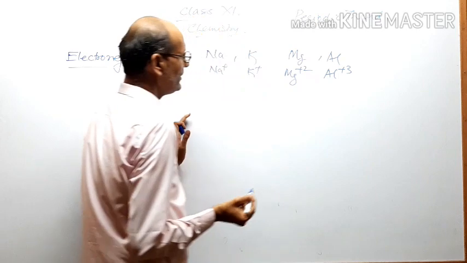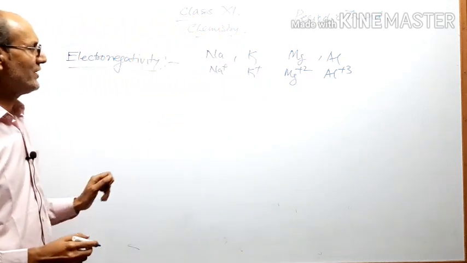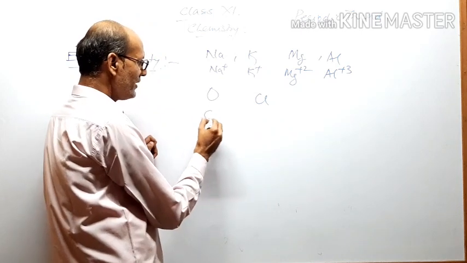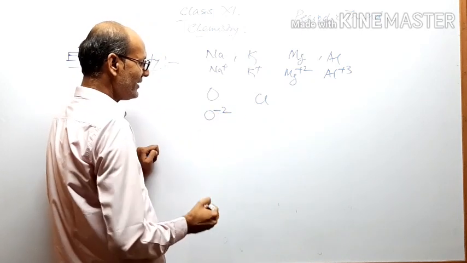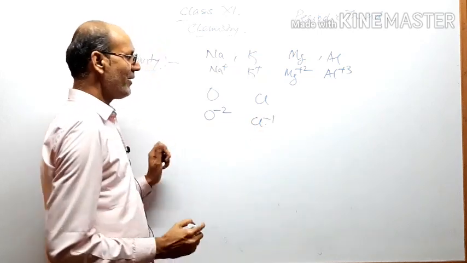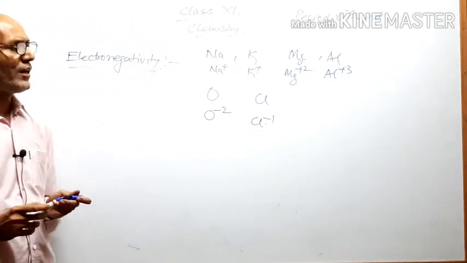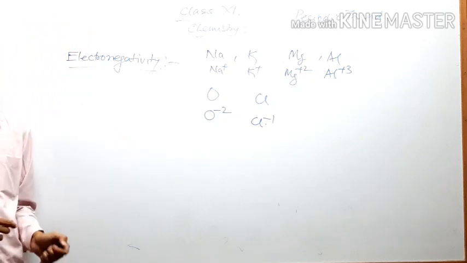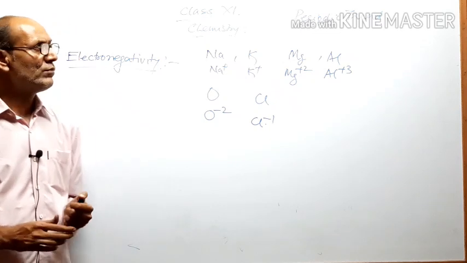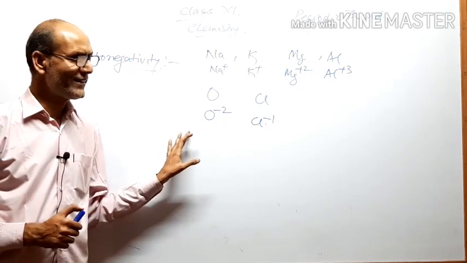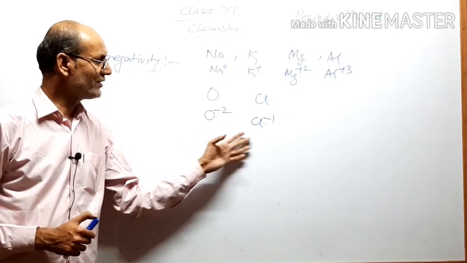But oxygen and chlorine, oxygen will never lose electrons, it will gain electrons to form a -2 charge, and chlorine also gains an electron to form a -1 charge. So some elements have a tendency to lose electrons, while some have a tendency to gain electrons. Some elements have a very high tendency to gain electrons, like oxygen and fluorine.